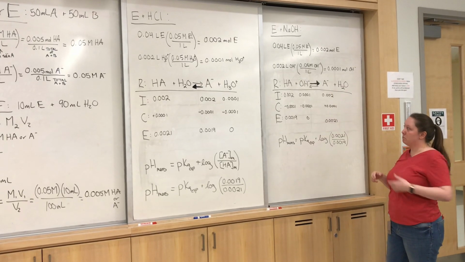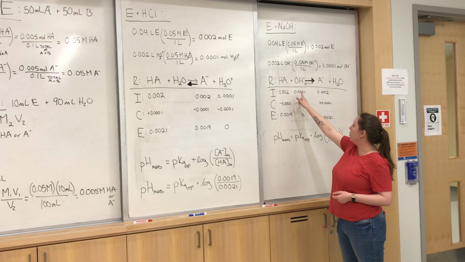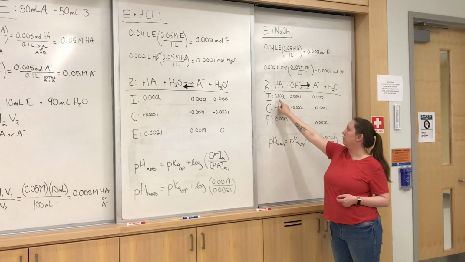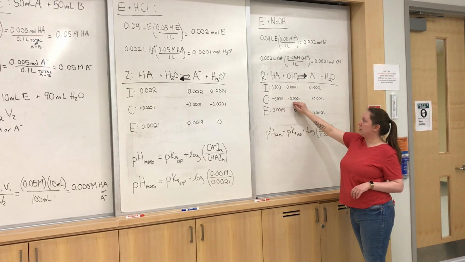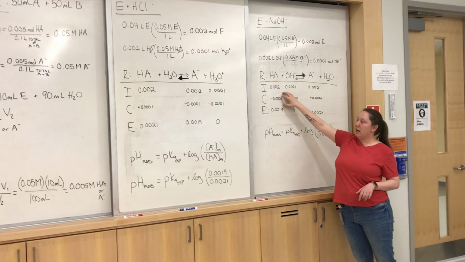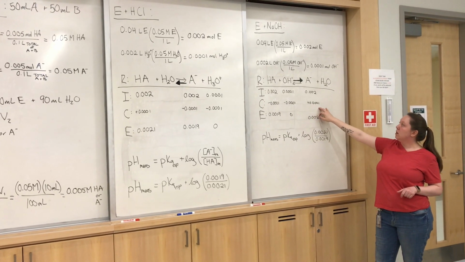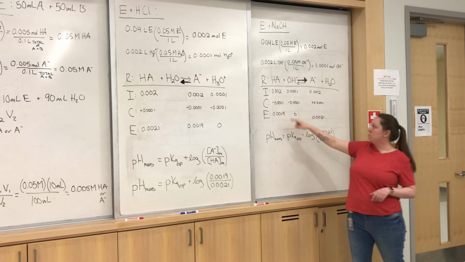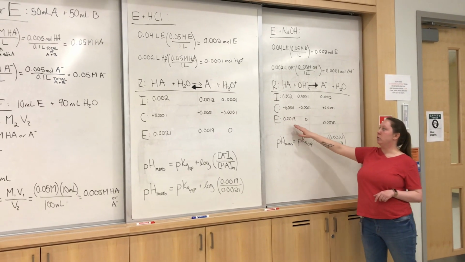So we have that same amount. So in this case, 0.0001 of OH minus is reacting with 0.002 of this guy. So we're subtracting on this side. And everything that we're reacting here, we are creating A minuses. So we have to add on this side. So at equilibrium, 0.002 minus our OH amount gives us a new equilibrium.